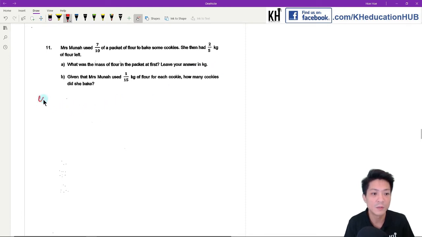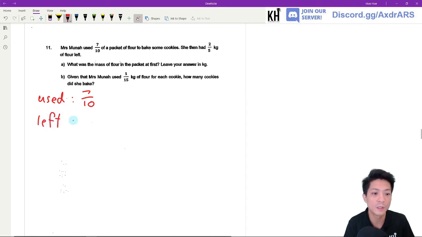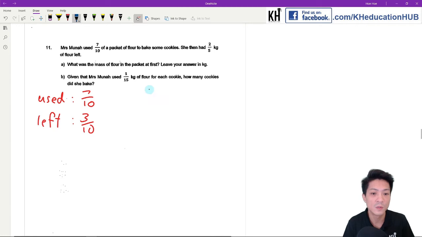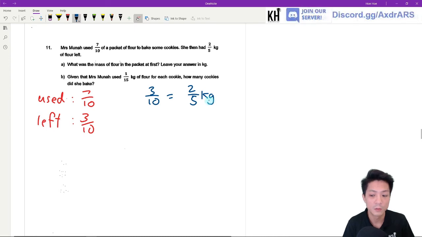So if she used 7/10, that means she's left with 3/10. In this case, 3/10 is equal to 2/5 kg.